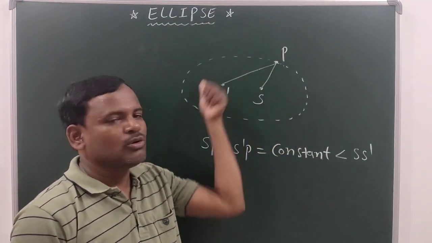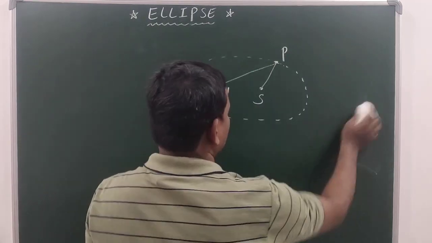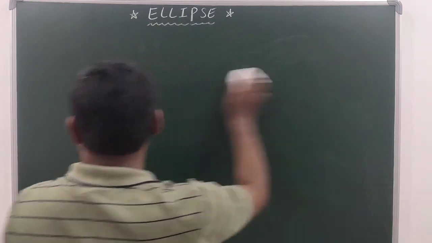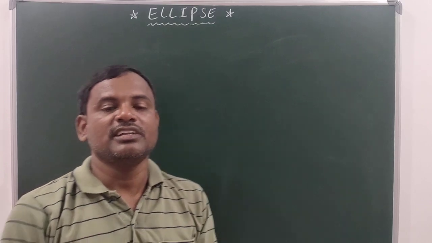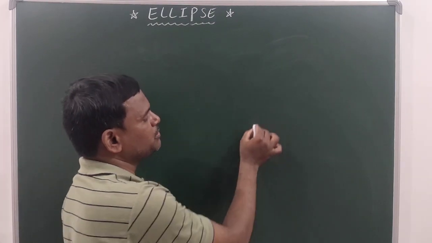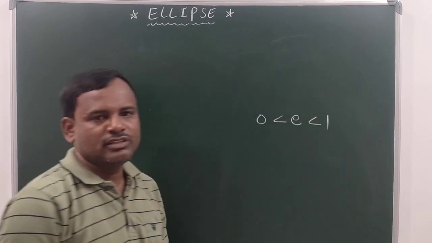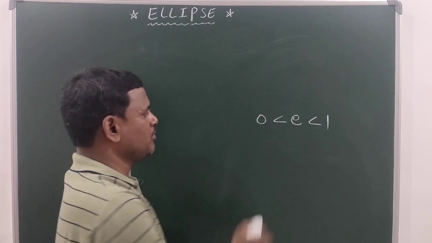Then this locus represents an ellipse. You know the eccentricity definition. For this ellipse, the eccentricity value always lies between 0 and 1.